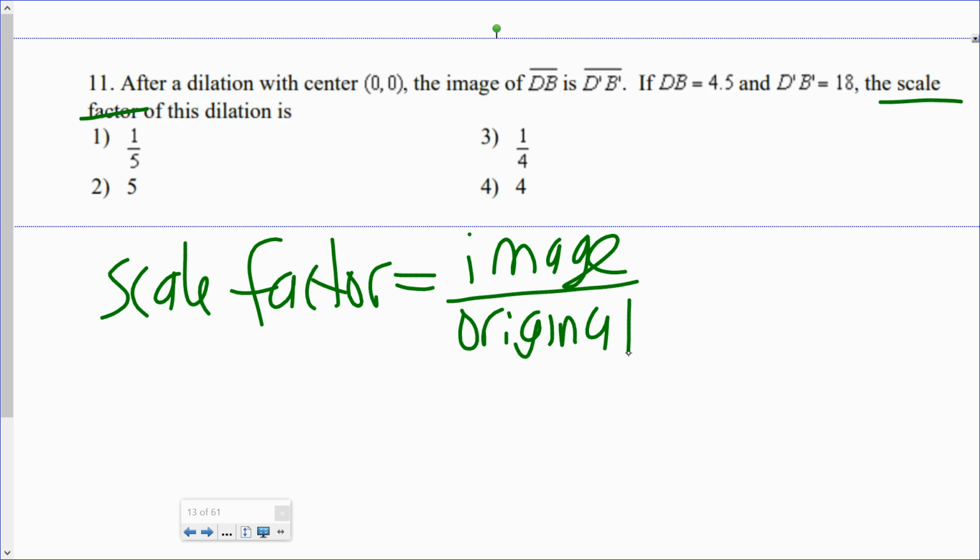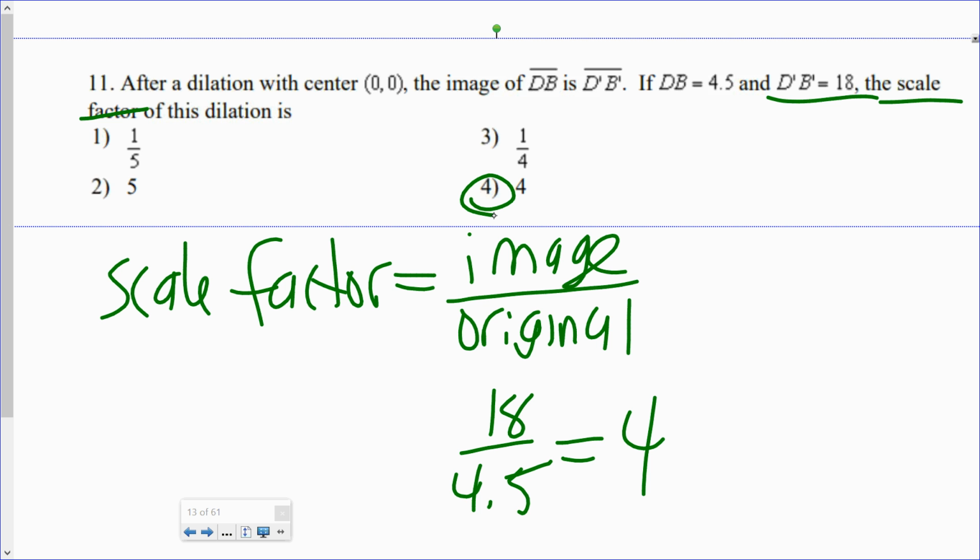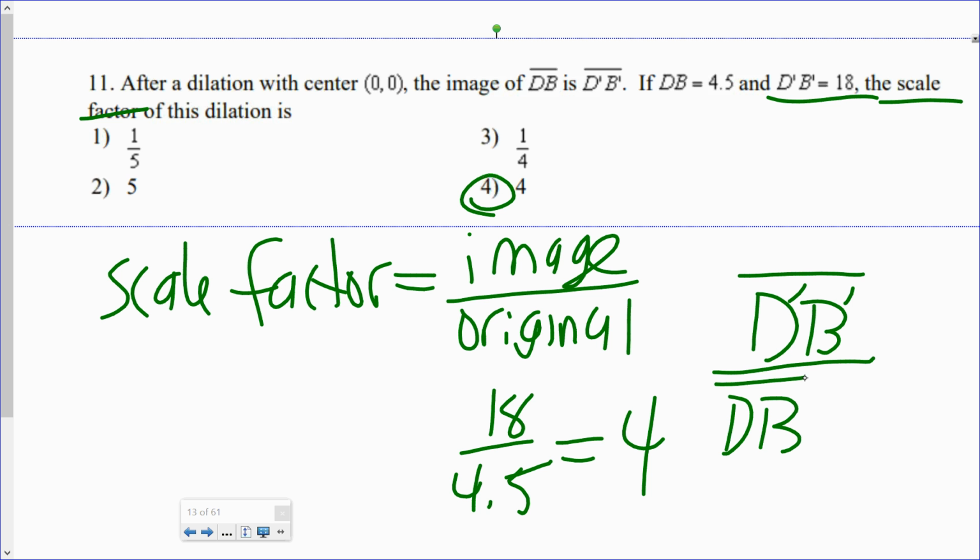It has to either tell you what the image is, or in this case, the image is the primes. So it's 18 over 4.5, which is 4. Keep in mind, you can also write scale factor with segments depending on the question. So this would also be the scale factor. However, it's not one of the choices, so you'd have to be able to do it numerically there. Scale factor is always the image over the original.